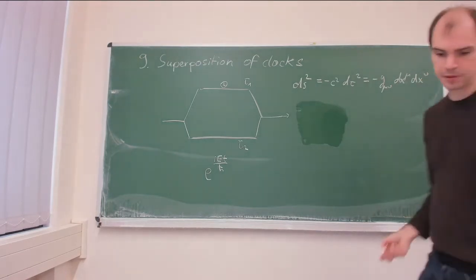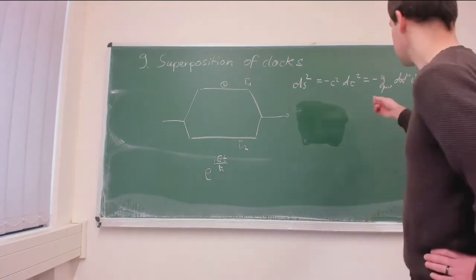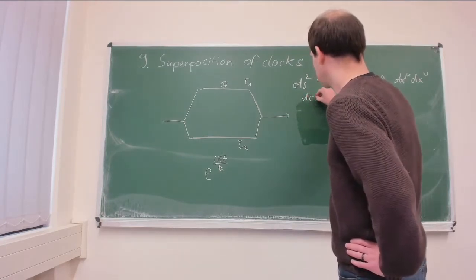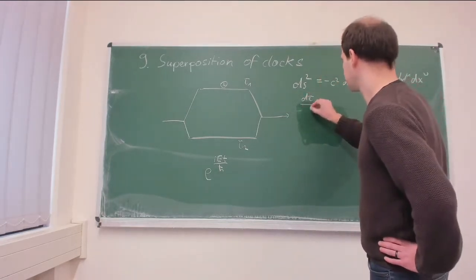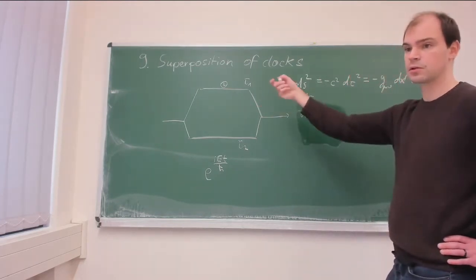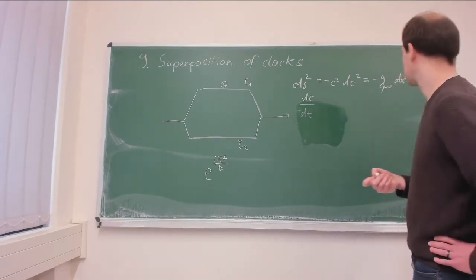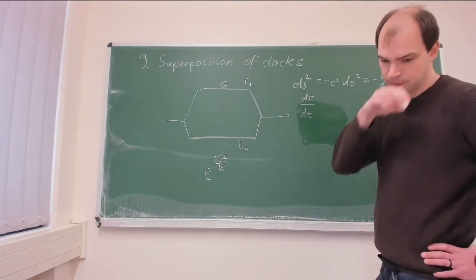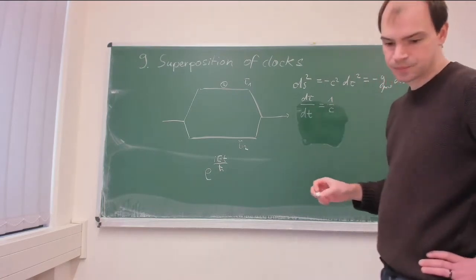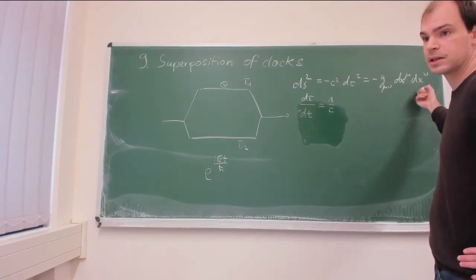So it follows from the metric that we have, and from this we can get an expression. We can take the derivative d tau by dt, so we can see how the proper time along our trajectory varies with the coordinate time. And this expression gives us 1 divided by c. So dt is just the x0 variable here, right?